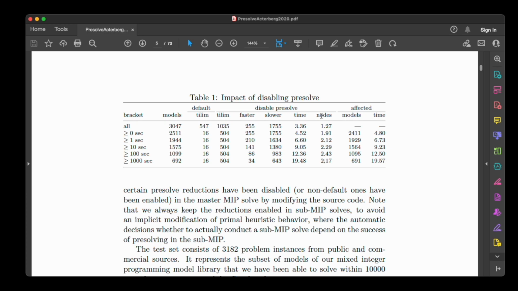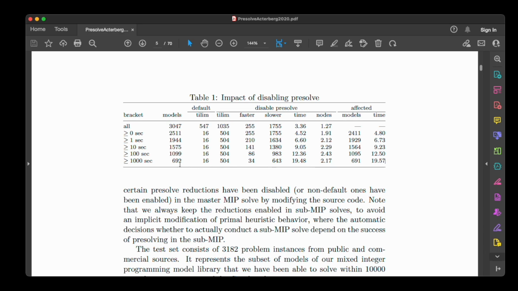Nodes also: if you compare the number of nodes explored by the branch and bound tree, then without pre-solve it explores twice or sometimes 2.5 times more nodes than the version where we have pre-solve enabled. A lot of models are affected, and if we only focus on the times for the affected models, it's similar, not so different.